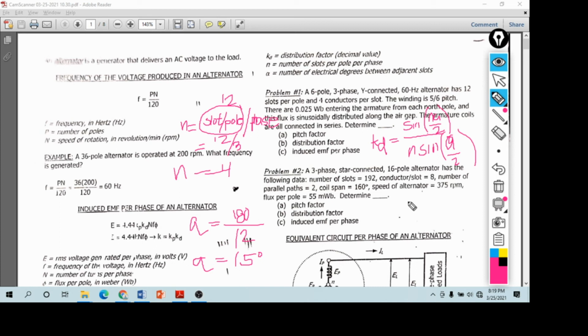Substitute all of them. So your KD will be 0.958.